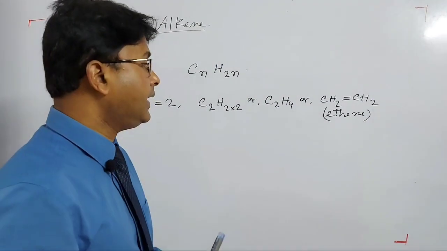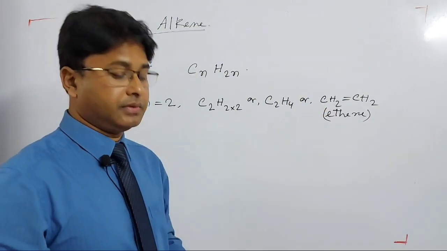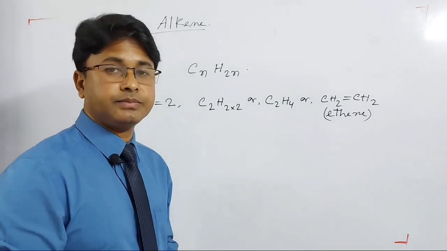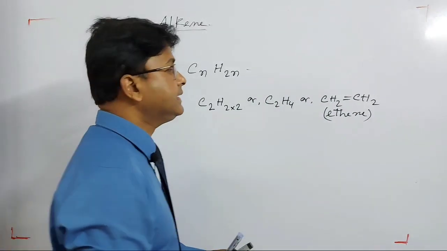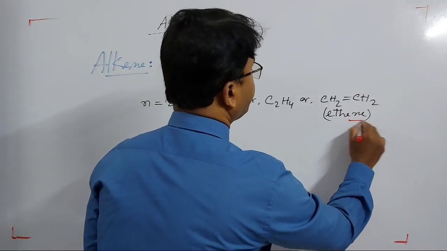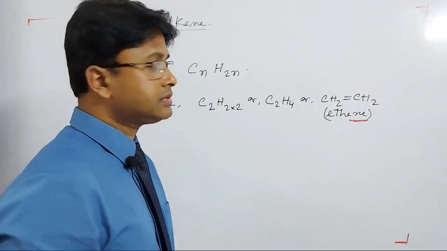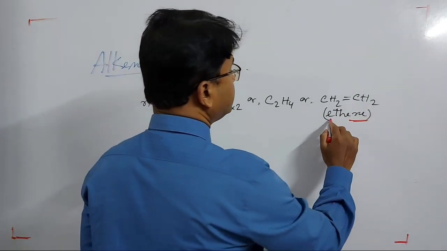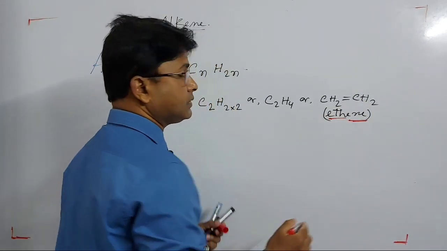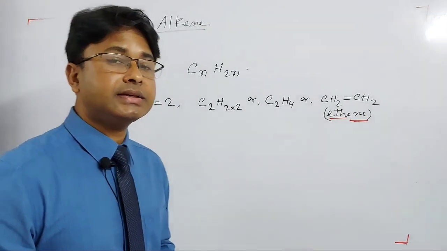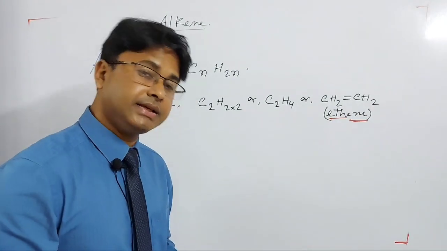Students, in the case of a double bond, you have to write "ene", and due to the two carbon atoms, it is eth. So the resulting name is ethene.